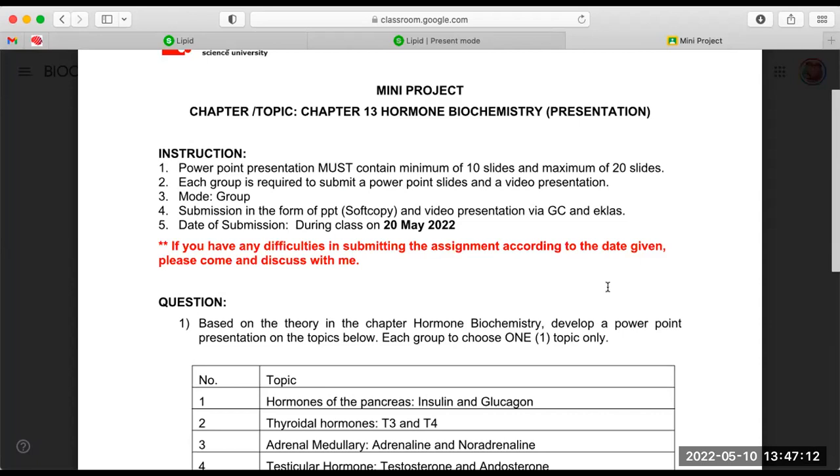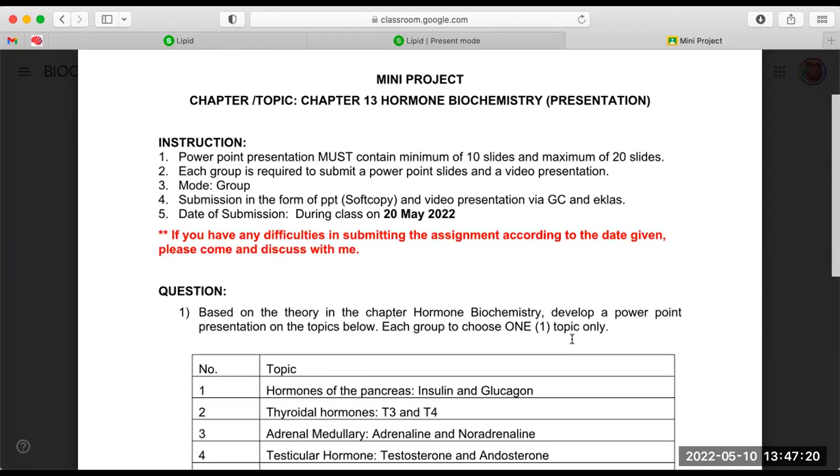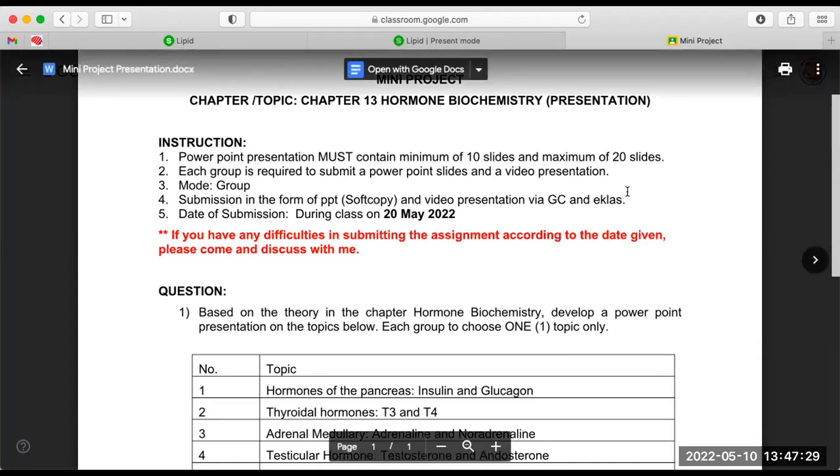Just submit the Word document with both links, the video and the slide link. Whichever, PDF or Google Slides, up to you. Canva also can.